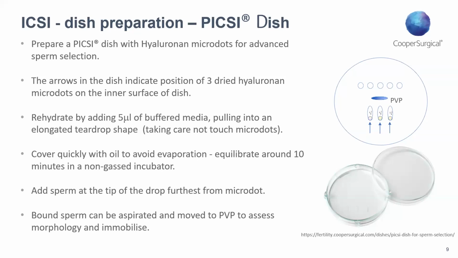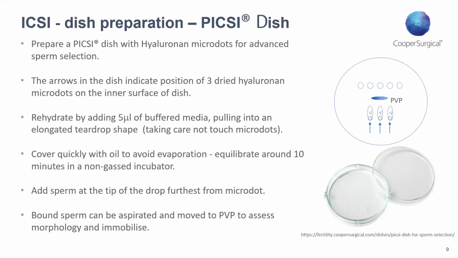So if you're going to think about using Pixie as part of your sperm selection in specific patient groups, always think about how to make the dishes efficiently and make sure that they remain stable throughout the time period you're doing the ICSI procedure itself.